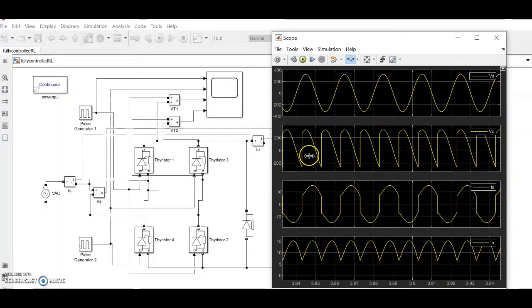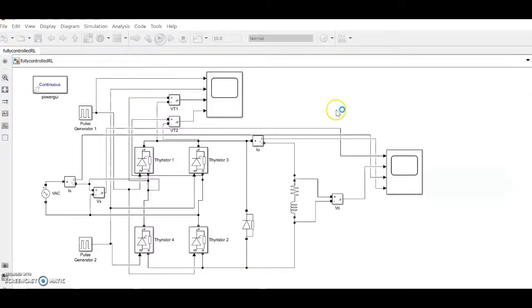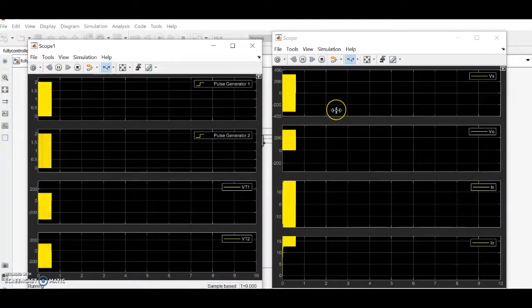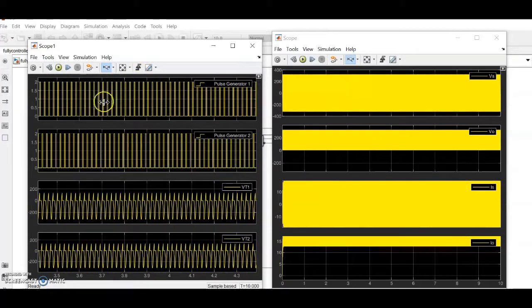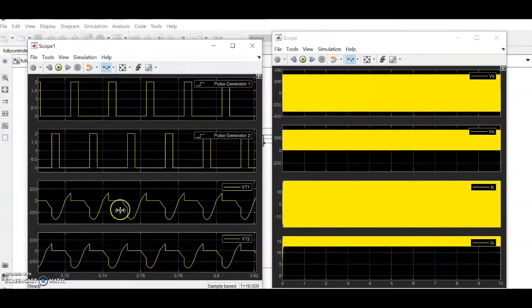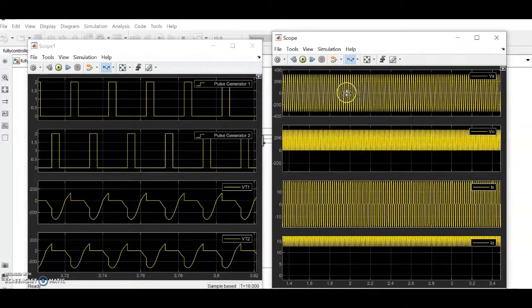Now we will run with the freewheeling diode. Actually, let us run it. See the waveforms. Now look at the waveforms.